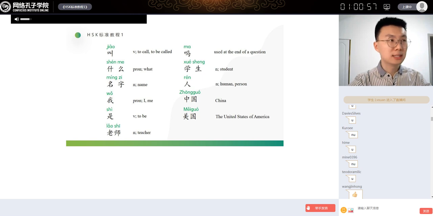叫什么名字，我是老师，吗，be careful，吗 is a neutral tone，学生，人，中国，美国。Okay, now let's read without pen.